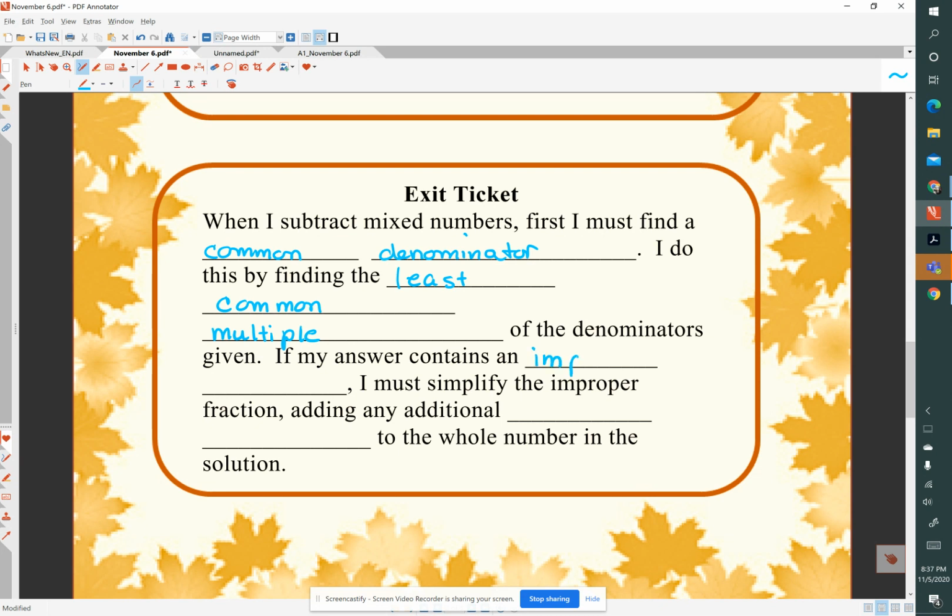If my answer contains an improper fraction, I must simplify the improper fraction, adding any additional whole numbers to the whole number in the solution.